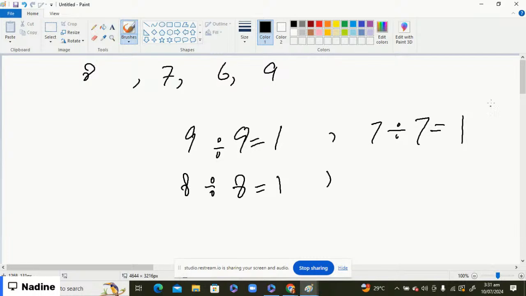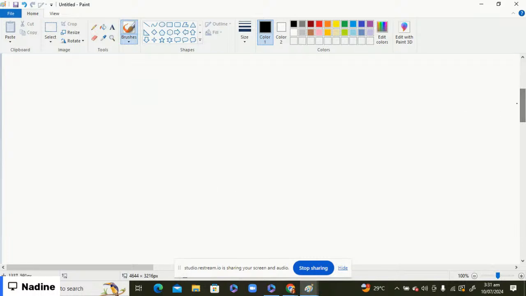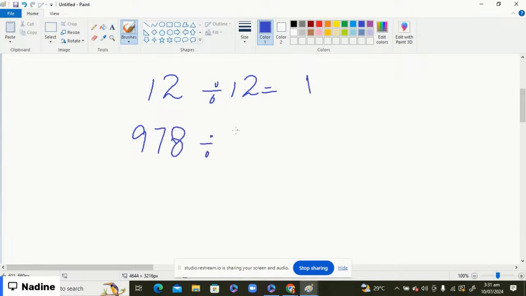For example, 12 divided over 12. If there are two digits, the answer is still 1. If there are three different digits, like 978, the answer is 1 when it's divided over itself. When you divide a number by the same number, you get the answer 1.